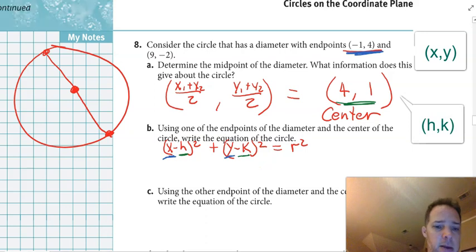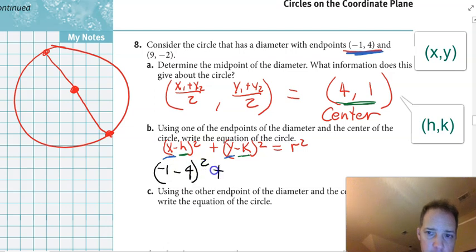All right, so x is -1 minus h, so from the center of our circle, 4. y is going to be 4 from up here, minus 1 equals r squared.